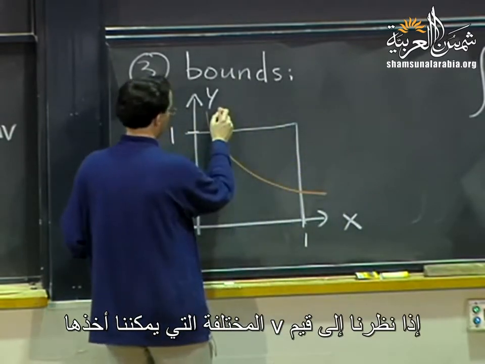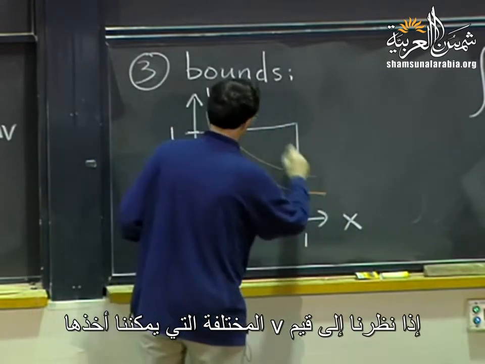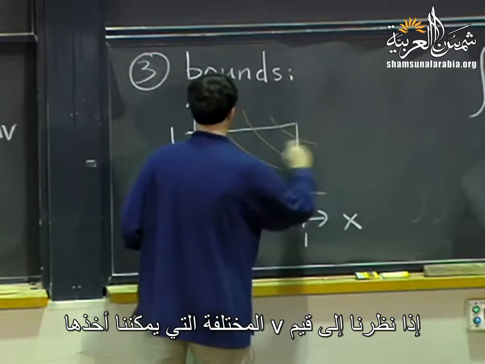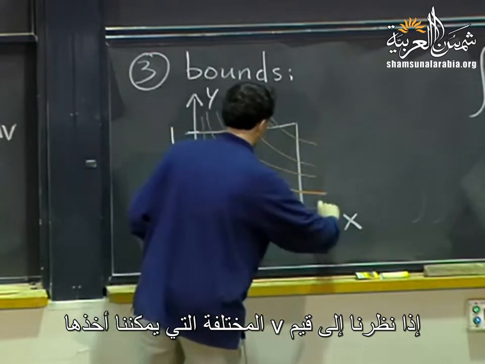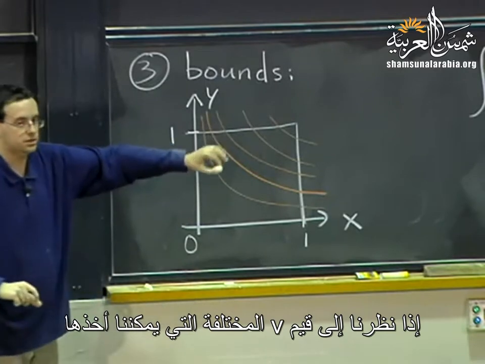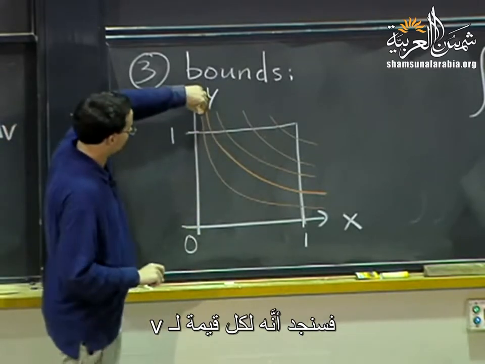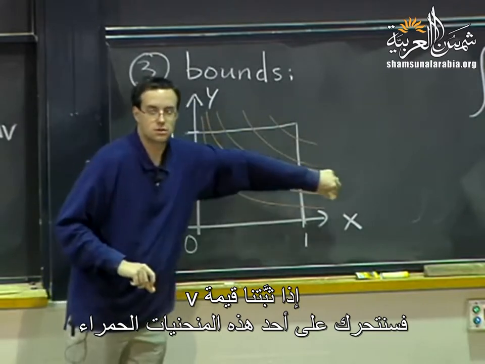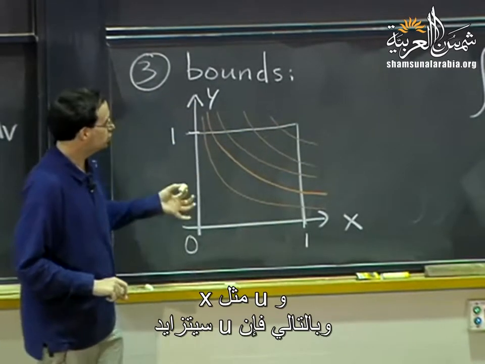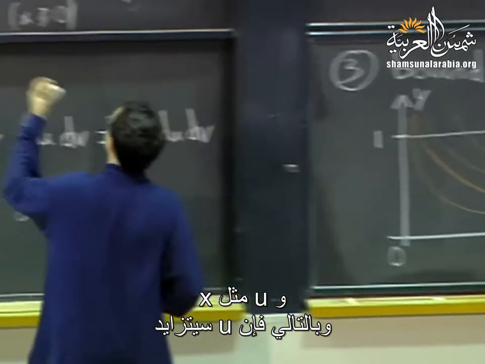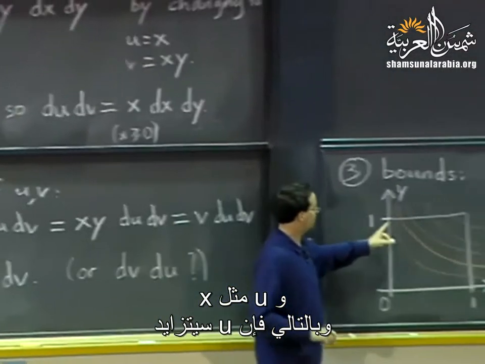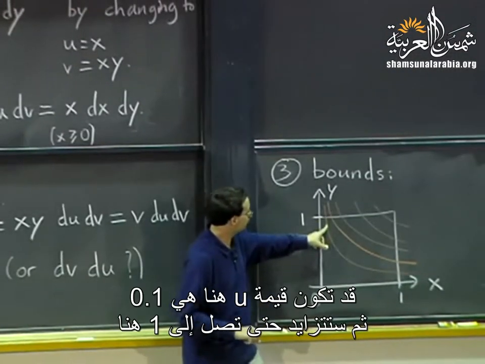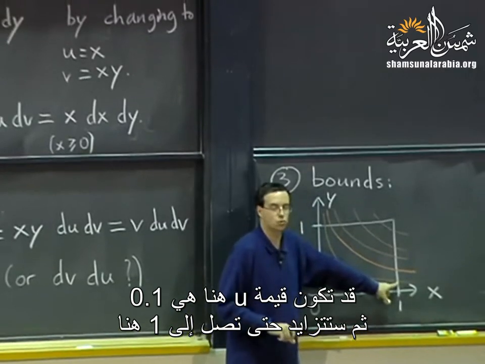So if I look at the various values of v that I can take, for each value of v, if I fix a value of v, I will be moving on one of these red curves. And u is the same thing as x. So that means u will increase. Here maybe it will be 0.1, and it will increase all the way to 1 here.